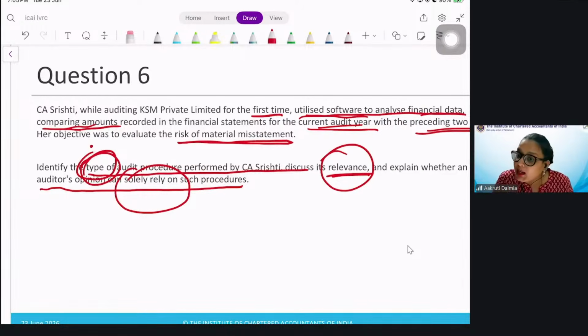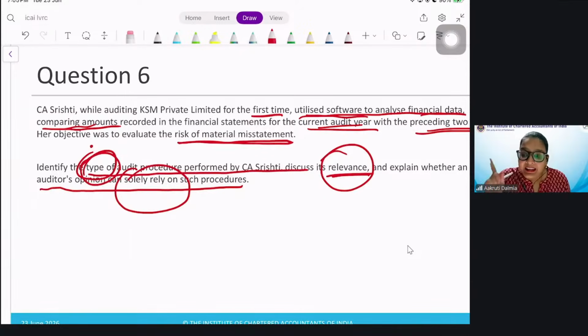Was she doing this procedure with the perspective of substantive procedure? वो एविडेंस ढूंढने के लिए एनालिसिस कर रही है कि रिस्क ढूंढने के लिए? Here I am touching a very important core topic of chapter number 3. Is Srishti doing this process to do substantive procedure or to conduct risk assessment?